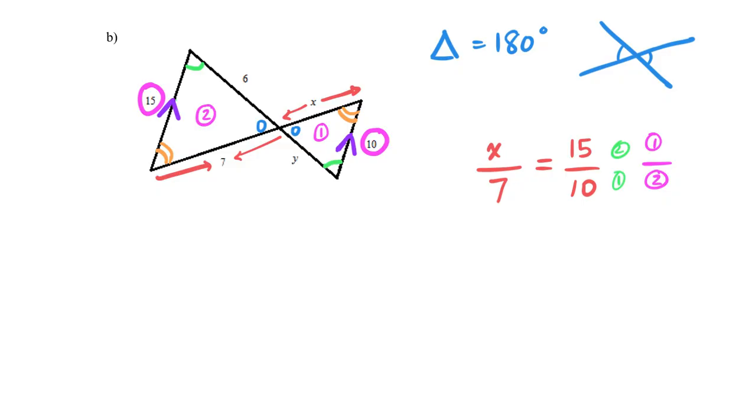I don't have consistent fractions. I'm not comparing the same sides in the same direction. So what I can do is make a quick little statement like I make in pink. That might remind me, okay, I'm always going triangle 1 over triangle 2. That way, I do not write down 15 tenths. I am focused on the fact that I need to put my smaller triangle, triangle 1, on top of my bigger triangle, triangle 2, and now you set up your correct equation and you're good to solve.